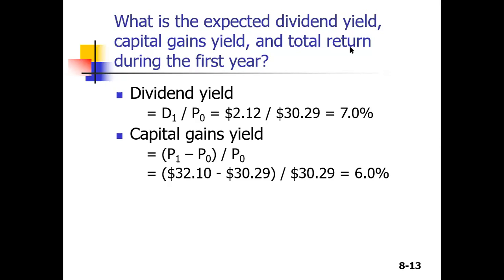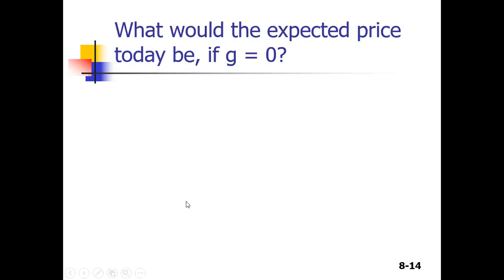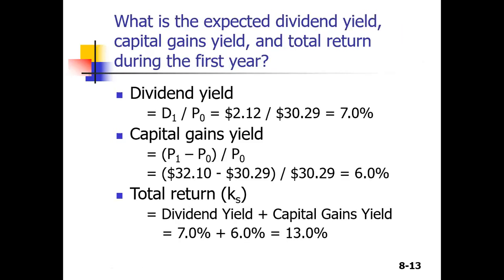So capital gain plus dividend yield will give you a total yield, total return. That is a combination of 7% plus 6%. It's a total capital gain yield. This is called total yield or total return. And that total return is called expected return. This is the procedure of calculating a dividend yield.